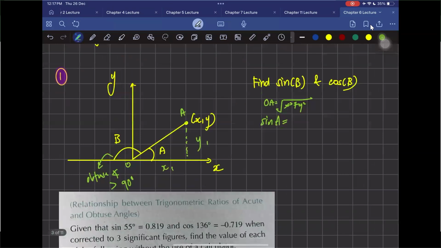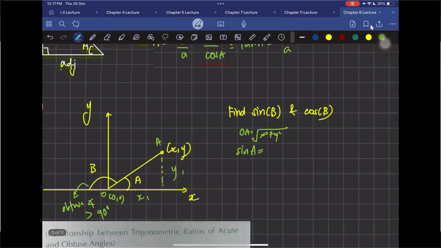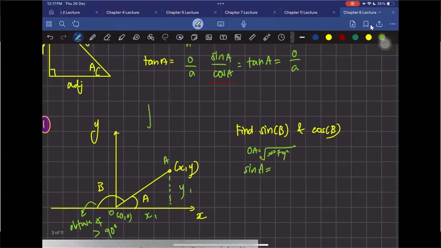So given that this origin is actually equals to 0 comma 0, you can use your coordinate geometry formula, which is square root of x1 minus 0 square plus y1 minus 0 square. Okay. So this would give you the same formula of square root of x1 square plus y1 square, which is the same as what you have over here.